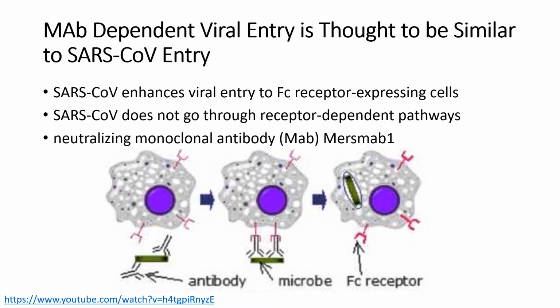The monoclonal antibodies used in this study are going to be called MERS monoclonal antibodies, and those target the RBDs of the MERS-CoV. The monoclonal antibodies have strong binding affinity for MERS-CoV RBD and neutralize virus entry by outcompeting DPP4, which is the natural viral receptor of the MERS-CoV, which we'll talk about here with figure 1.